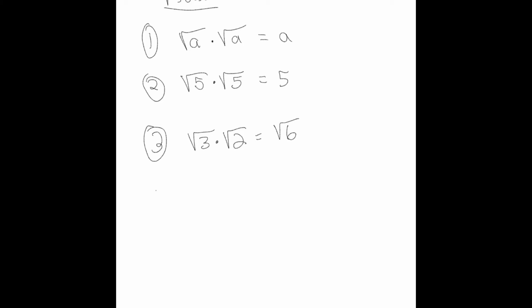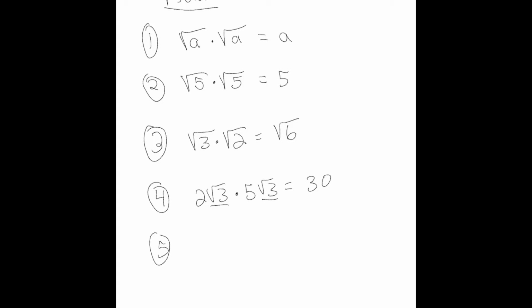If you have a number in front of the root, like 2 root 3 times 5 root 3, well, remember, if I multiply these root 3's together, we get 3. And you're multiplying 2 times 5 times 3. So that gives you 30.